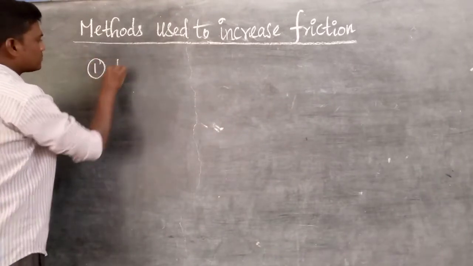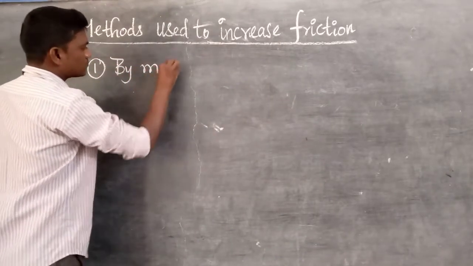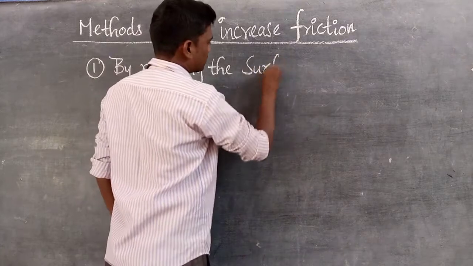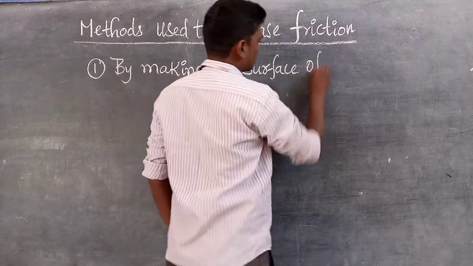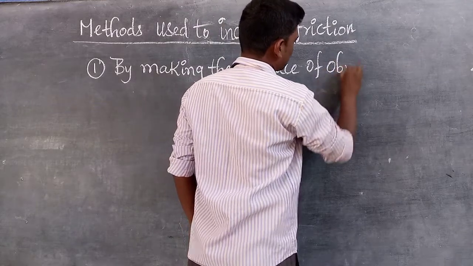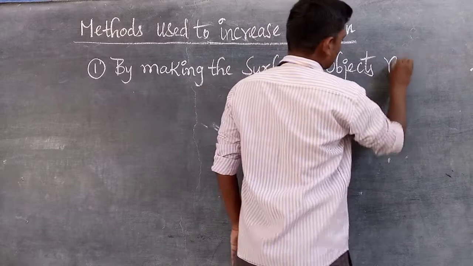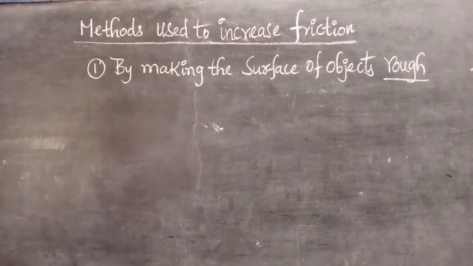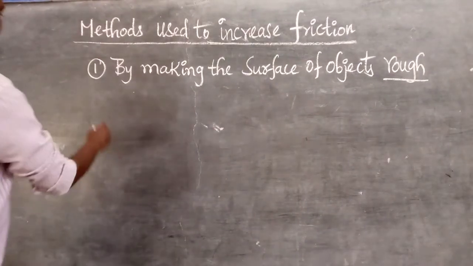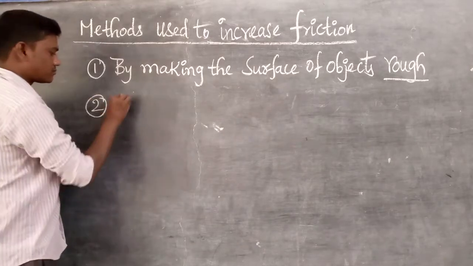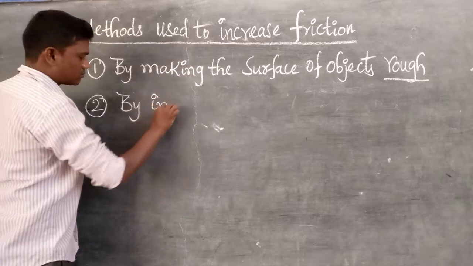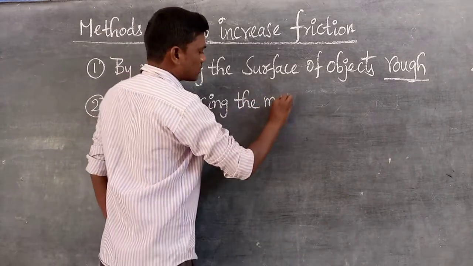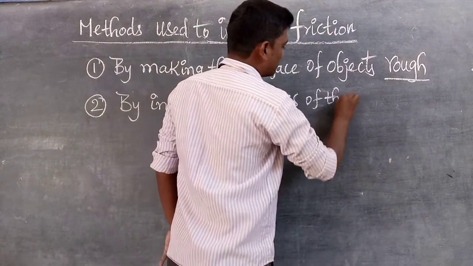The first one is by making the surface of the object rough, and the second one is by increasing the mass of the object.